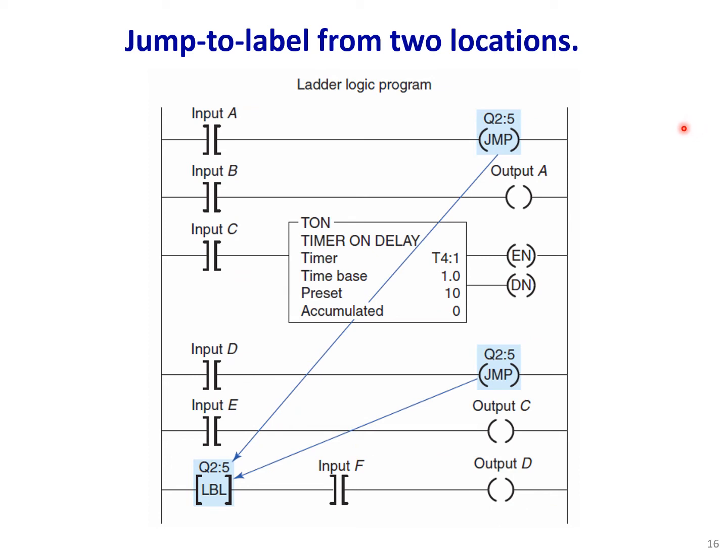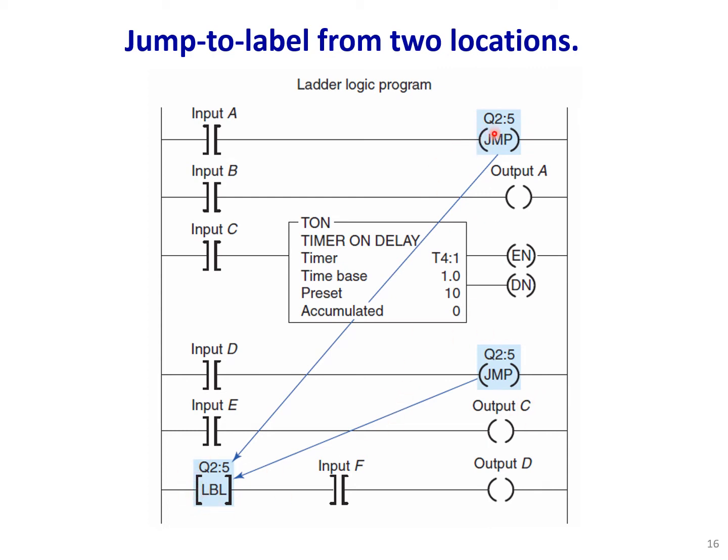Jump to label from 2 locations. It's possible to jump to one label from two positions. Here we could jump from here or here, and it depends on the logic of the program. If it reaches the first jump, it will skip the second one and go to the label.